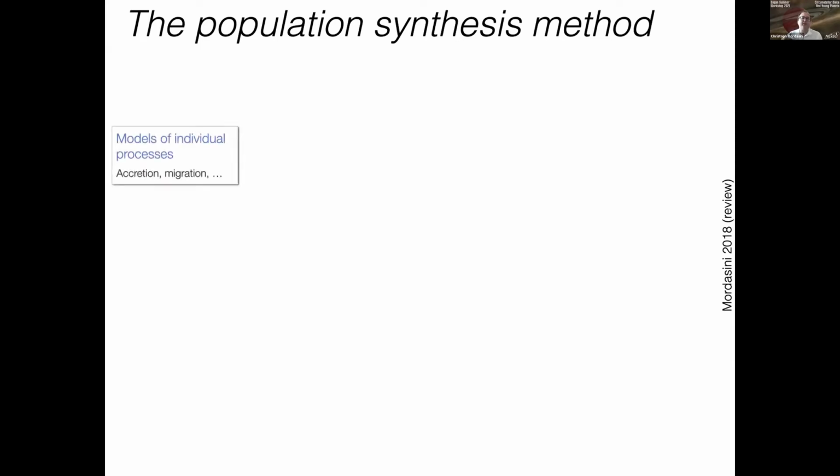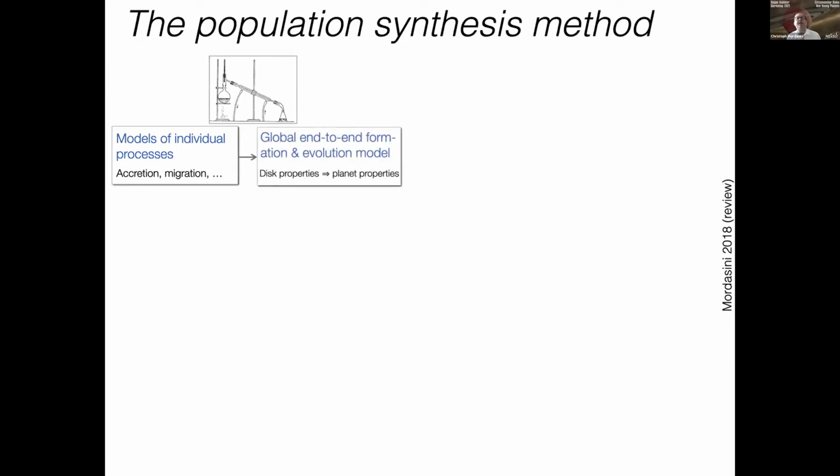We start with models of individual processes. We heard about some of them in the previous talks, like evaporation, the dissolution of solids in the interior, accretion processes, migration, disk evolution, and all of that. And we try to get the essence out of these models, which is not necessarily trivial, but we try to do that and unite them in these global end-to-end formation models.